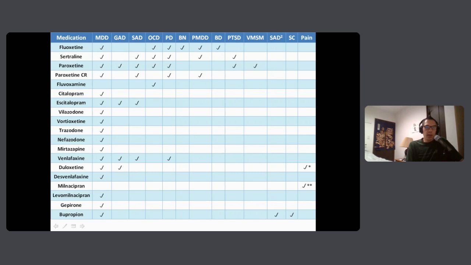Paroxetine is the only med on this list that has an approval. There's actually a couple more meds that are approved for this, but just for your own sake of knowledge, paroxetine is the one with the FDA approval for it, but we will go into more depth because I'm going to have a lot of information on menopause and treatments and what to do for that a little later.